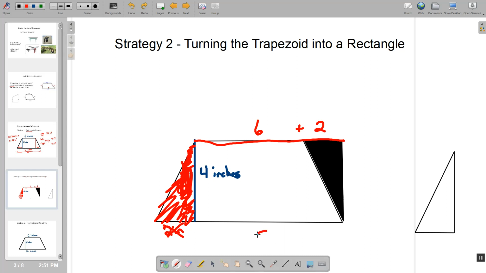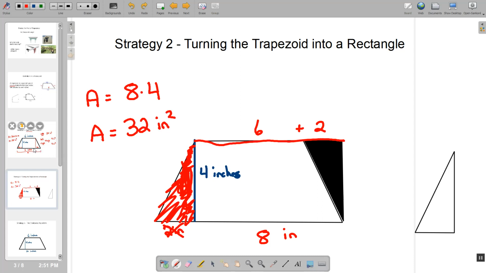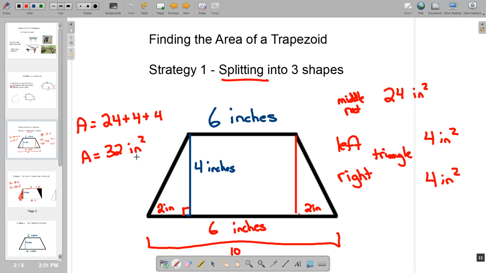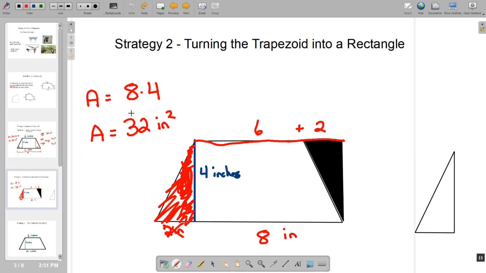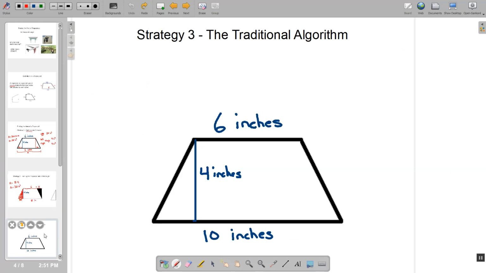Which means the base has a length of 8 inches. And now the area of a rectangle is simply base times height, which gives us 32 square inches, which was the same area that we got on the last problem, and it should be, because these strategies should give us mathematically the same answer.